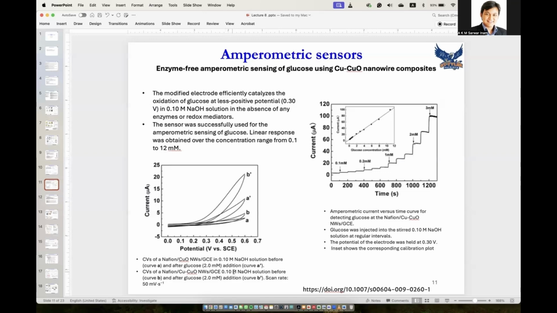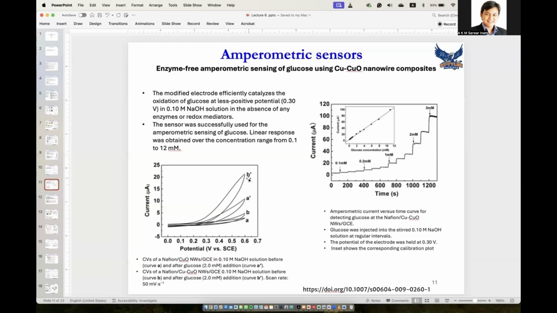Two different kinds of electrode they prepared here. One is the Nafion copper oxide nanowire GCE. Another one is Nafion with just copper oxide, without the nanowire. From the figure you can see that it shows higher current for the one using the copper oxide nanowire.